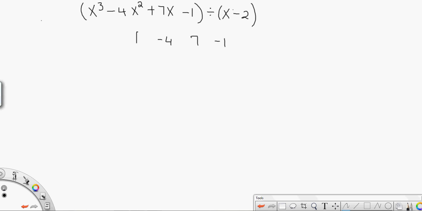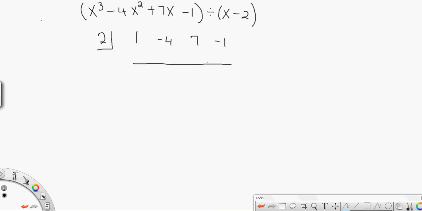But anyway, so you take the constant of your binomial, and on the left, you write the opposite of that constant. So the opposite of negative 2 would be 2. Okay, give yourself some space here and draw a line.